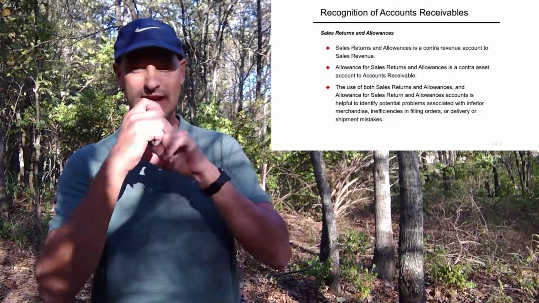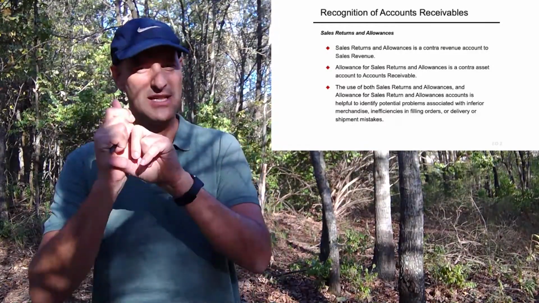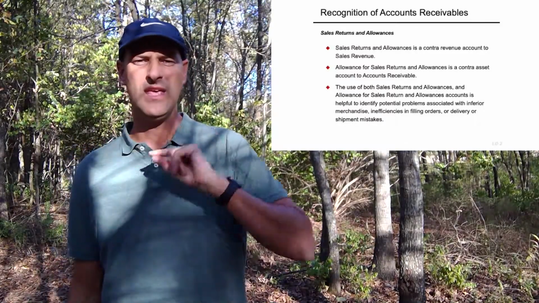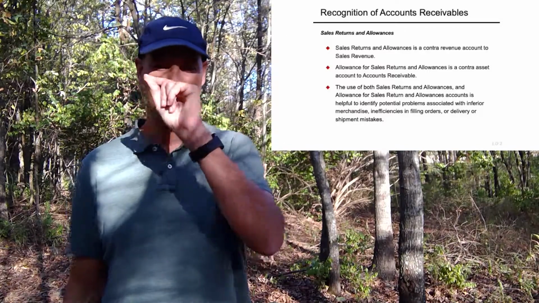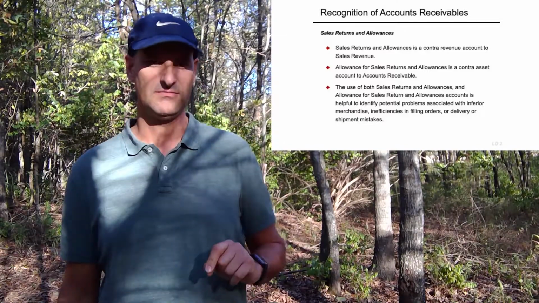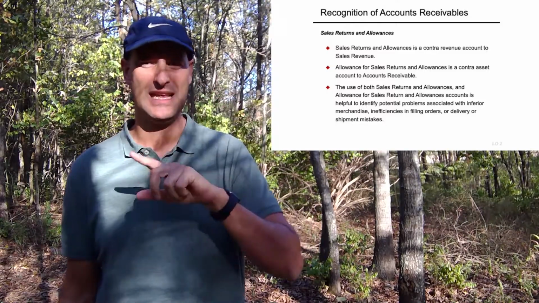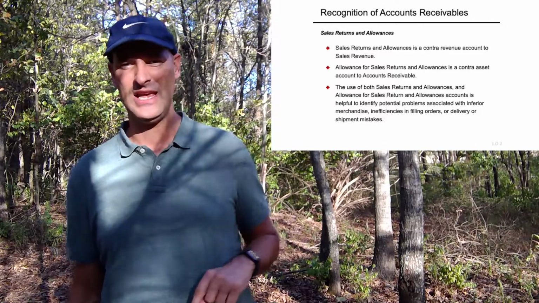There's a sales returns and allowances, which is a contra revenue account, and there's an allowance for sales returns and allowances, which is a contra asset account to the accounts receivable. Remember, one way to remember it is allowances are typically balance sheet accounts. So the allowance for sales returns is an allowance to some asset, so it goes as an allowance to receivables.